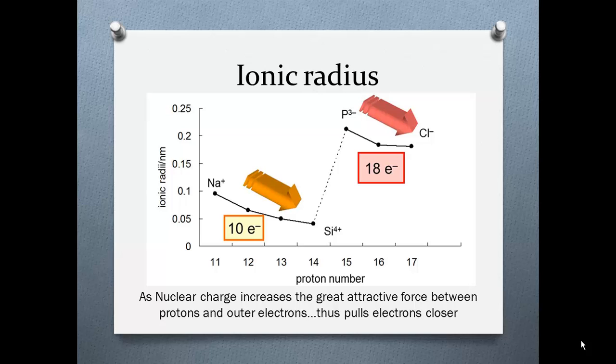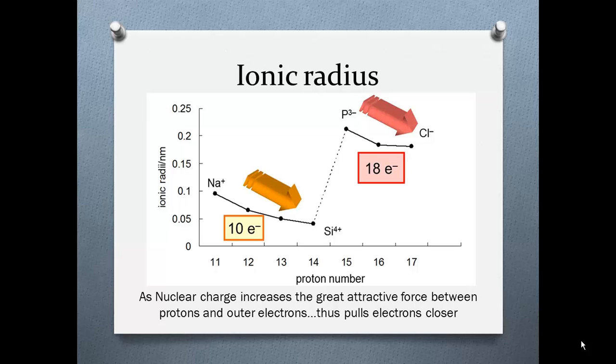Okay, the ionic radius is a little different. It does decrease as you go across, but there's only a big jump between the cation and the anion. You can see sodium to silicon are cations, and the radius is decreasing as you go across. Same concept: more protons increase the attractive forces on the electrons, and they pull closer.